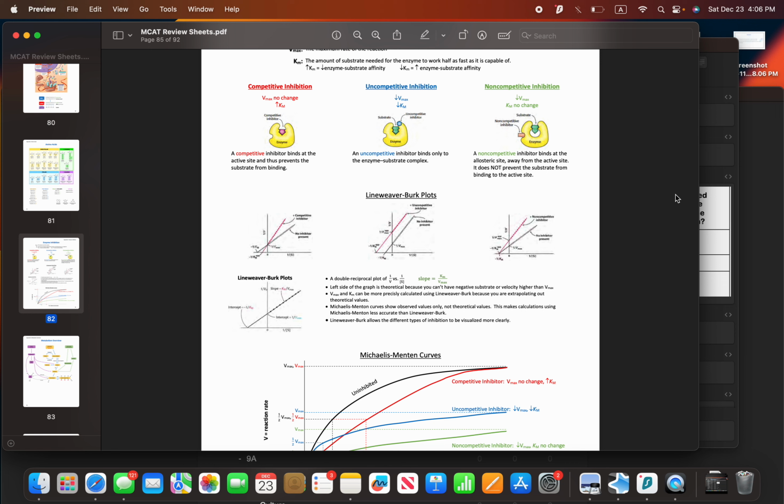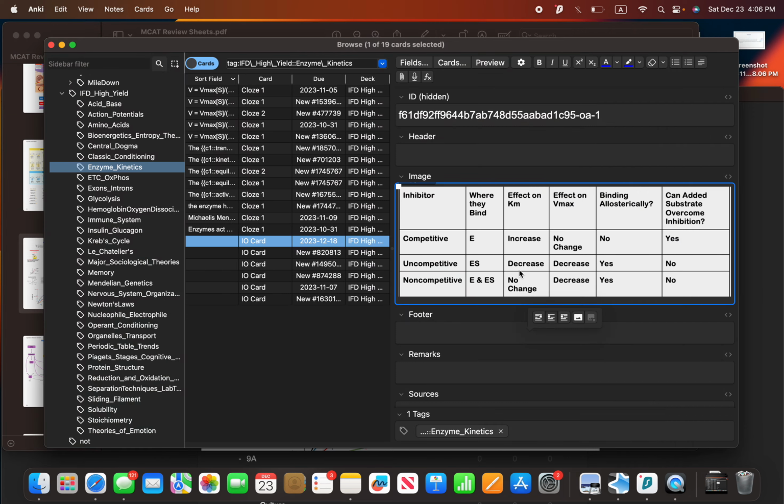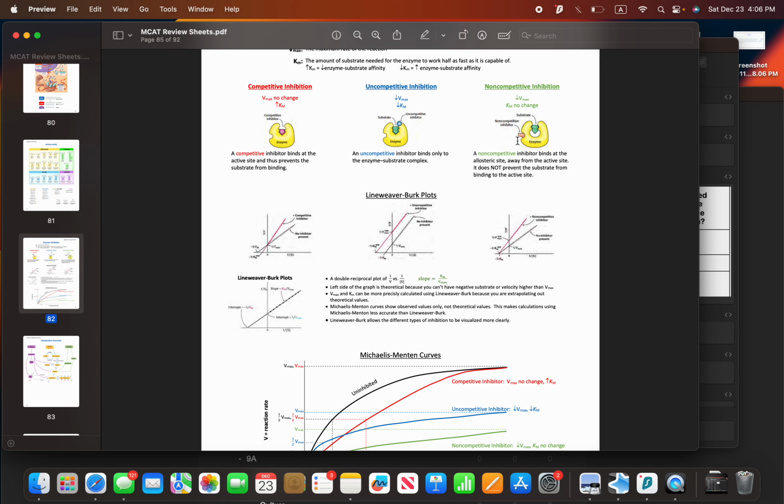Now, if that is the non-competitive inhibitor, then why is it here that the non-competitive inhibitor attaches to both the enzyme and the enzyme substrate complex? Is the allosteric site known as both the enzyme and the enzyme substrate complex? We'll figure it out.